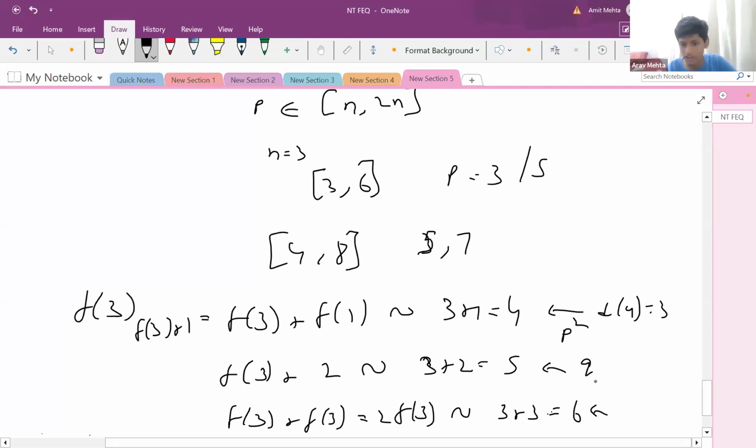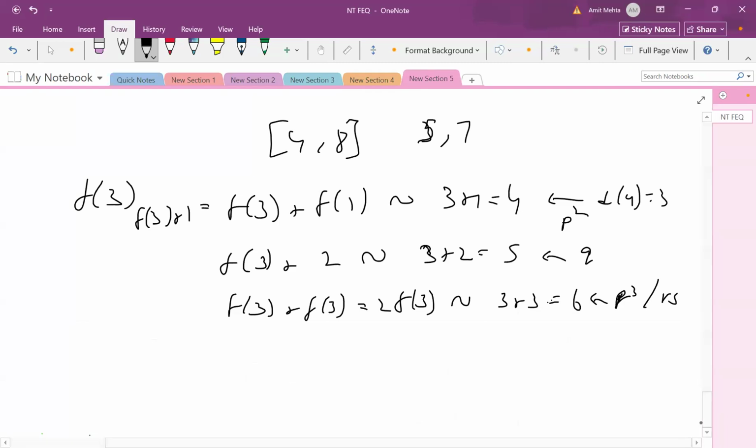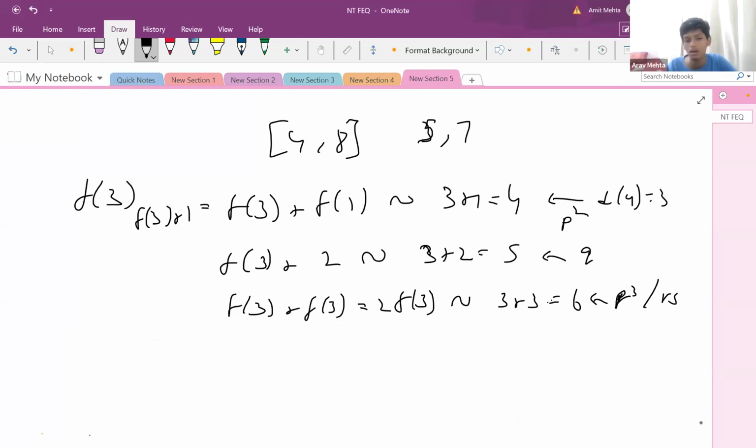This has 4 divisors, so there are two choices: it can either be q cubed or rs for primes r and s. So yeah, I think f of primes are primes.